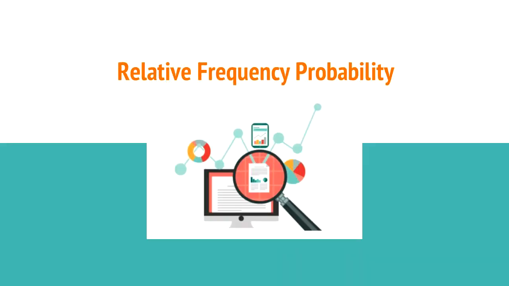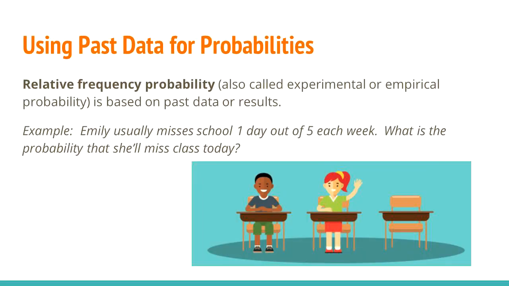We can also look at relative frequency probabilities. Relative frequency probabilities are based on using past data and not the theoretical probability formula. So we're using past data or results to come up with our probability. In this example, Emily usually misses 1 day out of 5 each week. What is the probability that she'll miss class today?